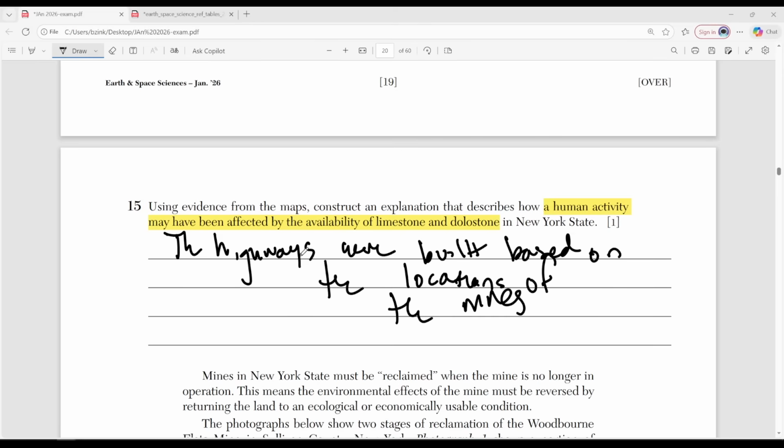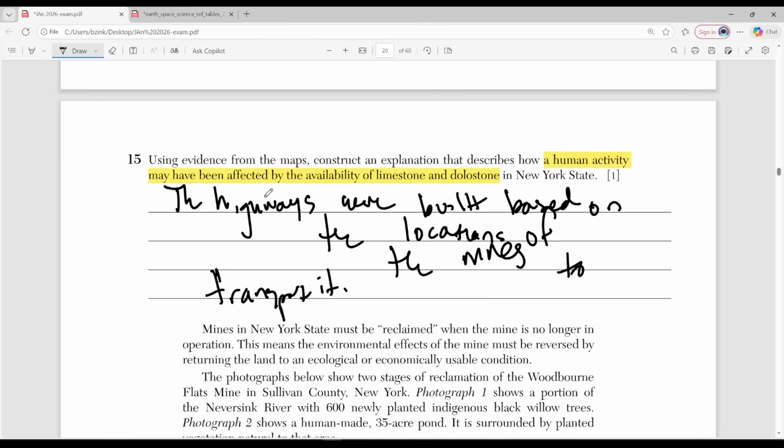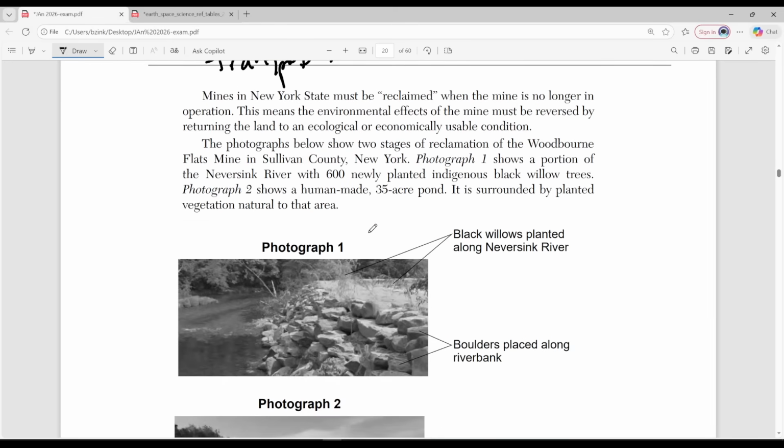I mean, that sounds like it's right. You could probably add to transport it. So it was like a convenience thing. So I think that was pretty easy. I'll say that's a 2 out of 10. Pretty easy. Don't mind my bad handwriting.